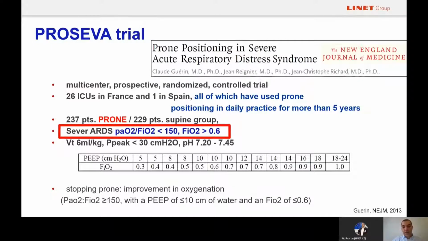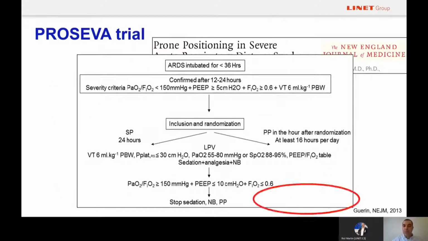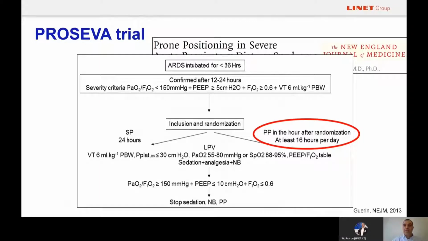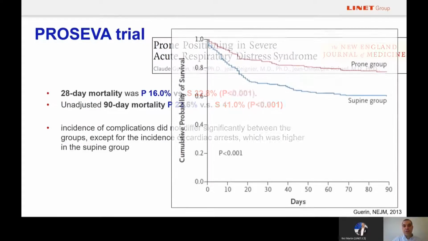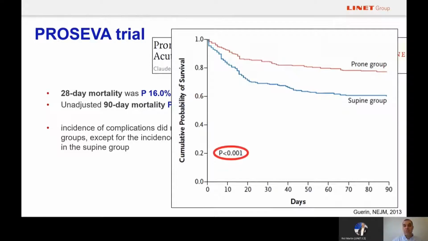They used standard ventilation as defined by the ARDS Network. So they used the threshold and started proning very softly, with 10 PEEP and 60% FiO2. What is important, they proned the patients at least 16 hours per day. And they showed a huge, significant reduction of mortality.